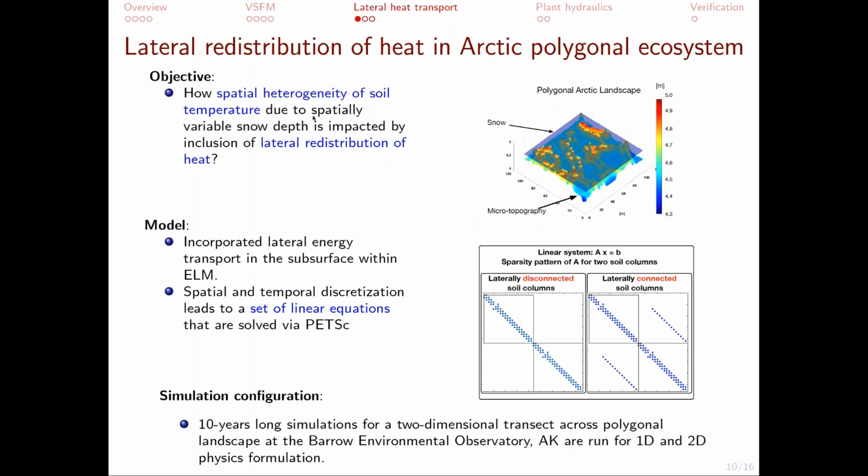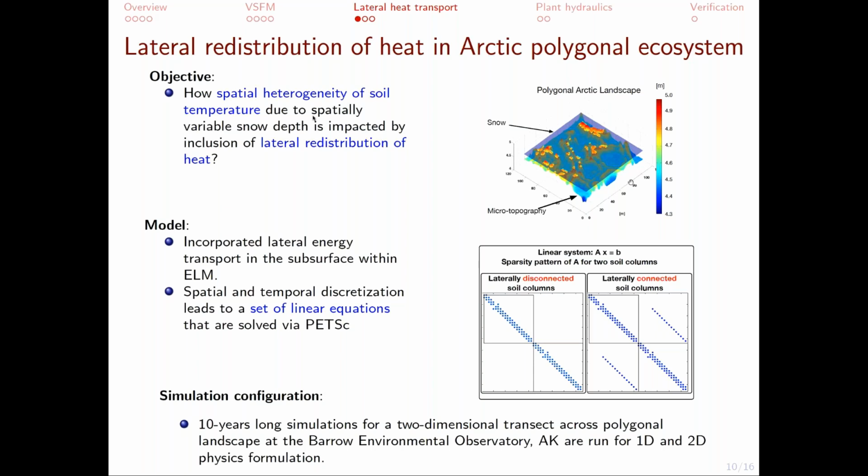Now moving on to the second application of this library, we applied this in the NGEE Arctic Phase 1 study site, which is a polygonal ecosystem, where the top figure on the right shows the microtopography for a horizontal extent of a 100-meter by 100-meter study site.